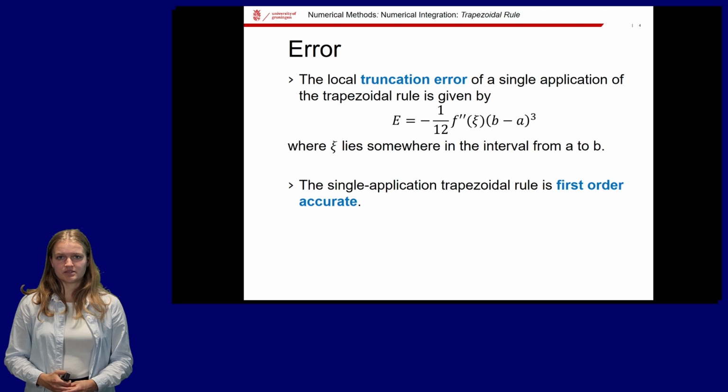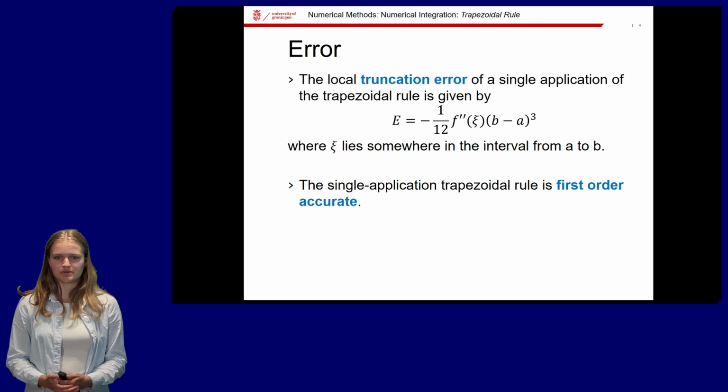So we can see that this error depends on the second derivative of the function f, and therefore if you have a function that is of degree 1 or less, your error is going to be equal to 0 because your second derivative is equal to 0, and your estimate of the integral is going to be exact.